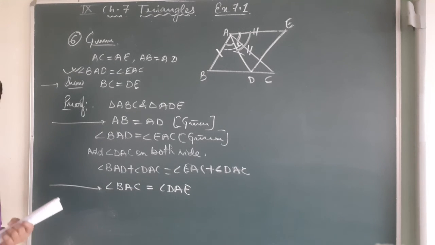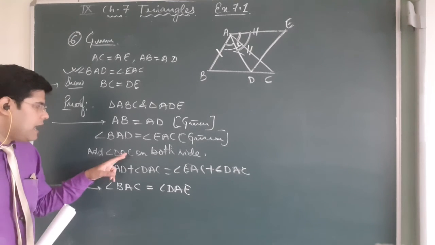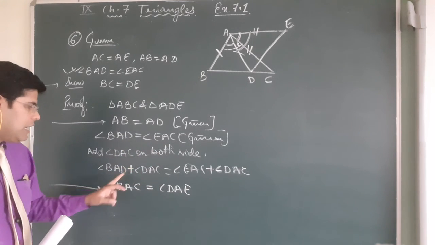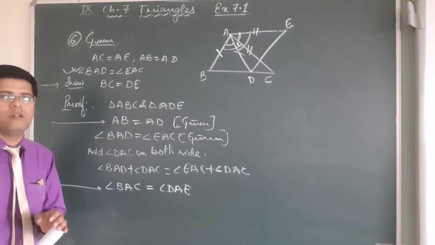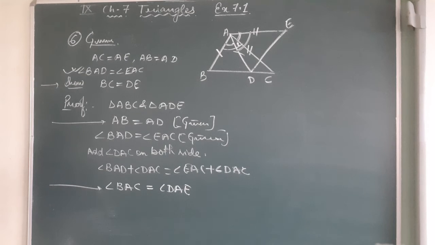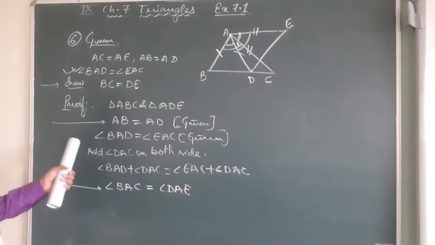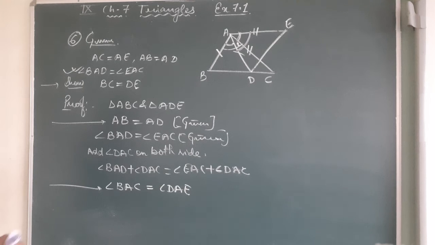Yes, by axiom number 2. What does axiom number 2 say? If equals are added to equals, the wholes are equal. By that axiom, we can write angle BAC equal to angle DAE.